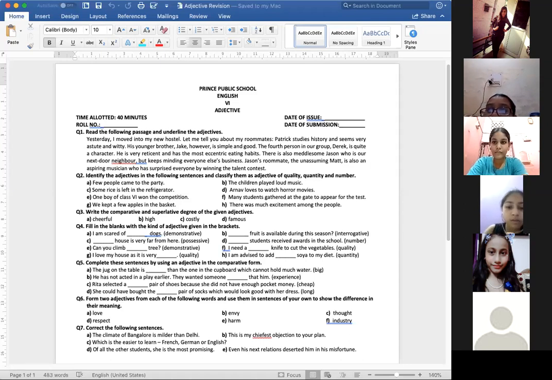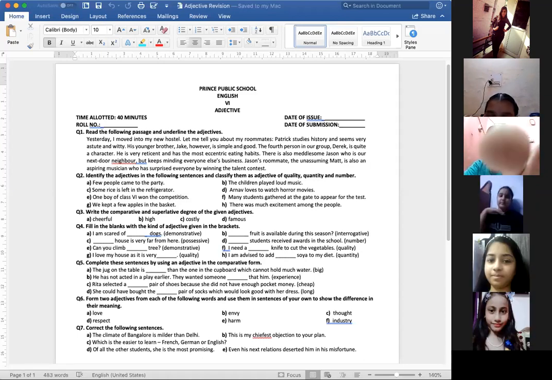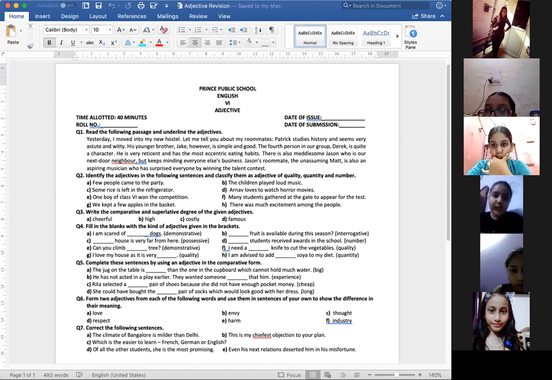Yes, Vanshika. There are three sounds in mild. Three sounds, right? So what will come here? Ma'am, the answer for this is more mild. Very good. The climate of Bangalore is more mild than Delhi.